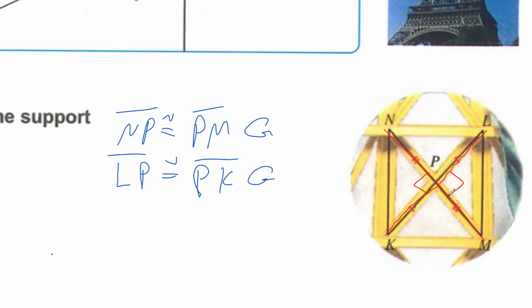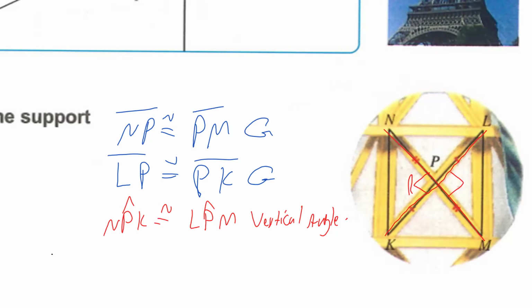So how do we name this angle? NPK. So I'm going to say angle NPK is congruent to angle LPM. They are congruent. Why? Because they are vertical angles.